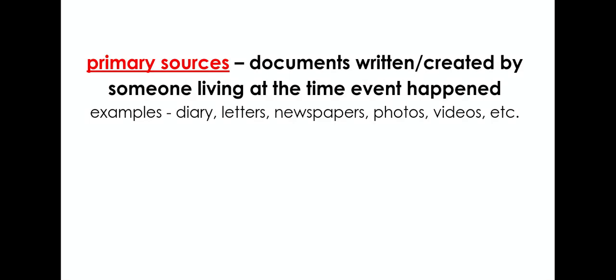This gives us some insight into what was going on at the time, what he was thinking, etc. But it doesn't need to be famous people either. Anyone can keep a diary, anyone can write letters. All of those can provide clues. If you're using them to find out about the time when they were alive, those would be primary sources. Same with newspapers, photos, videos, etc. So yeah, those are some examples.